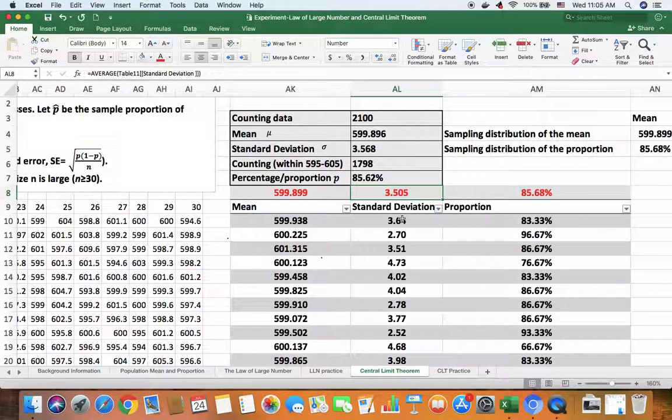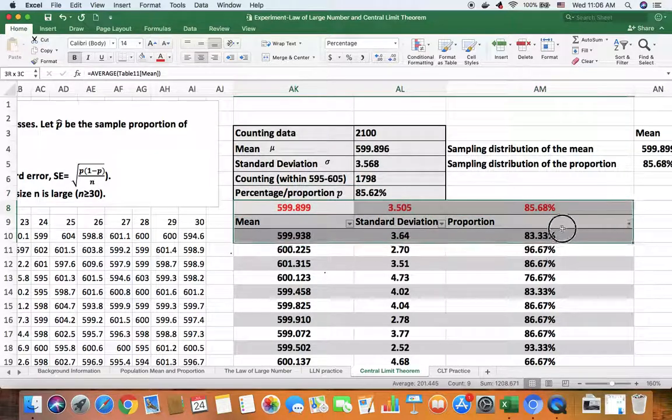This column is referred to as the sampling distribution of standard deviation. This value is the mean, the average of this column of data. This column is referred to as the sampling distribution of proportion. Anyway, these three columns of data are the sampling distributions of our statistics respectively.